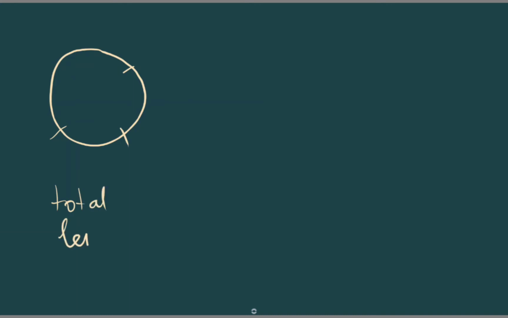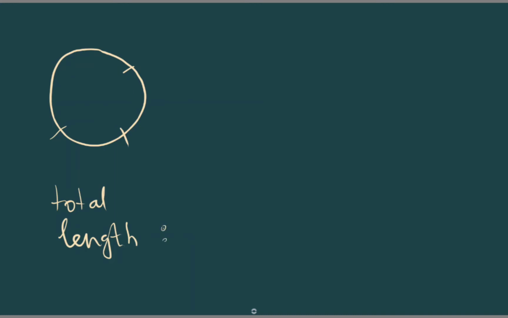Okay, so if we go backwards, let's say we know the restriction sites and the total length.